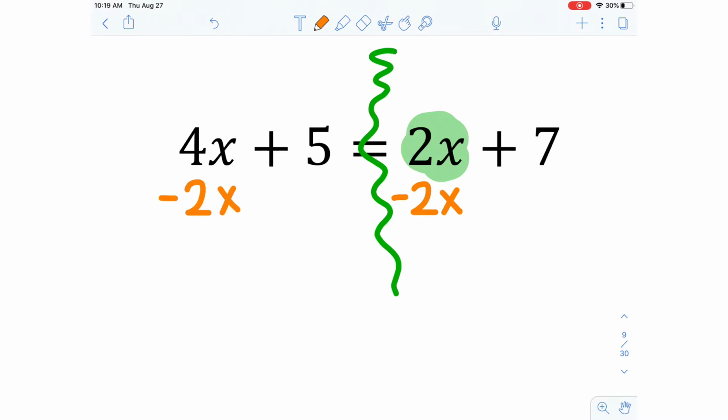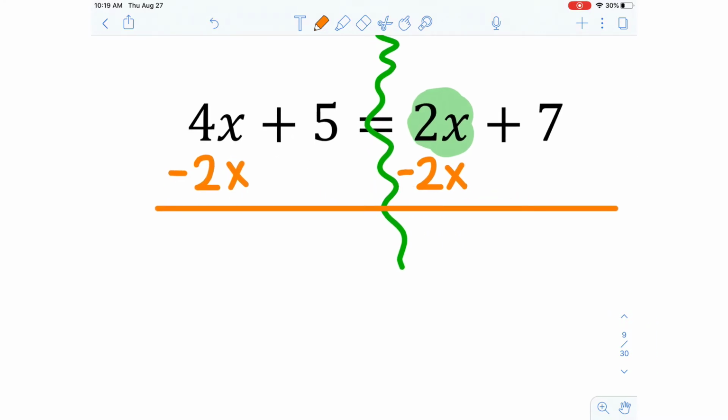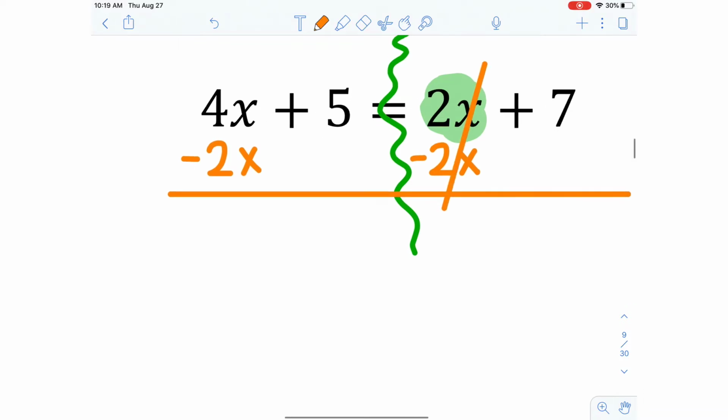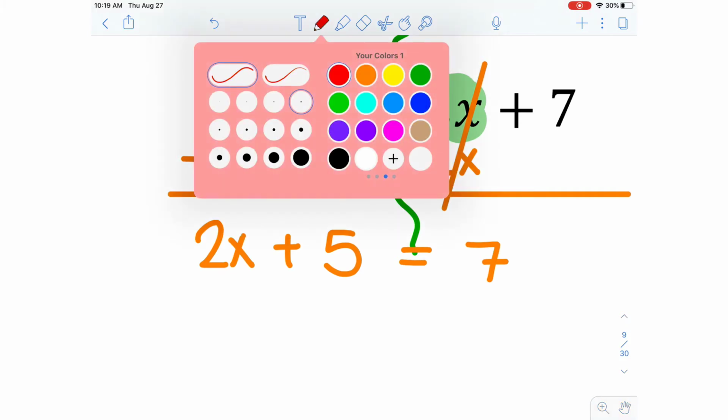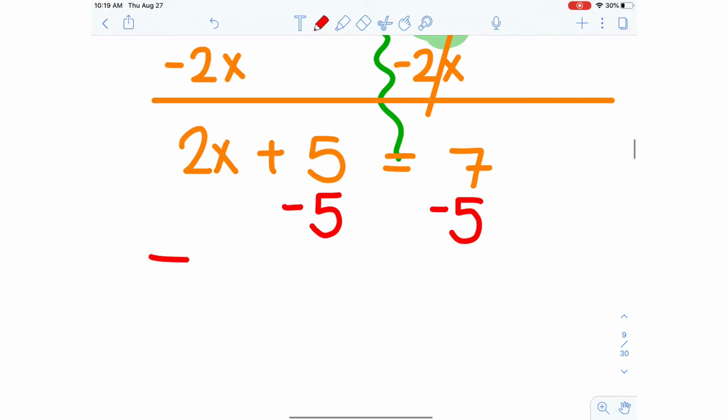And it's going to combine with the other term that has an x. So it only will combine with the x's on the other side. And 4x minus 2x is 2x. Drop everything else down. And now I'm just going to subtract over the 5, because that's how you move something to the other side of the equal sign.